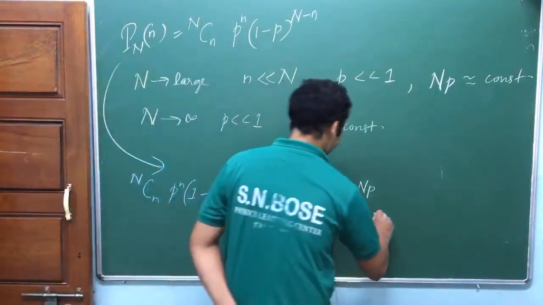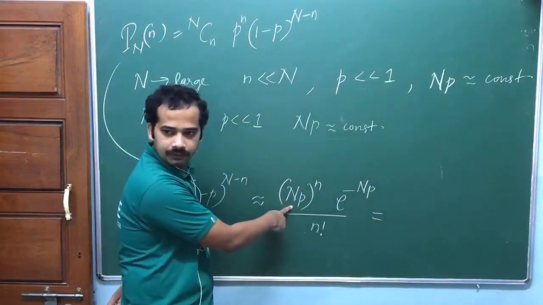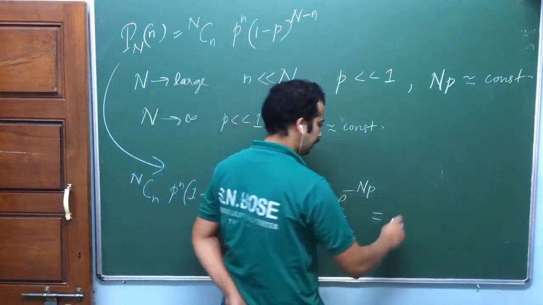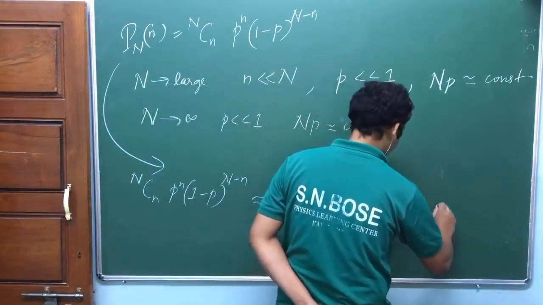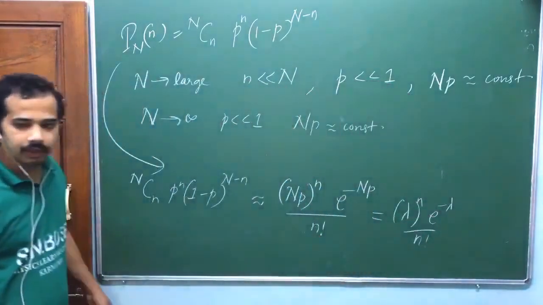What is this? This is the average, N into p. Let me call that average lambda. Lambda to the power n, e to the power minus lambda, divided by n factorial, per time interval. We are talking about per time interval here.